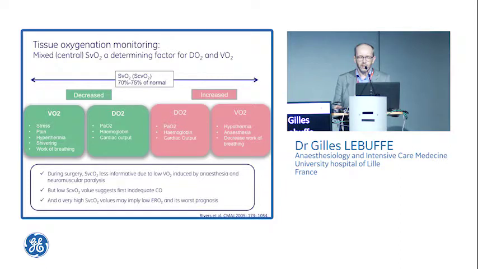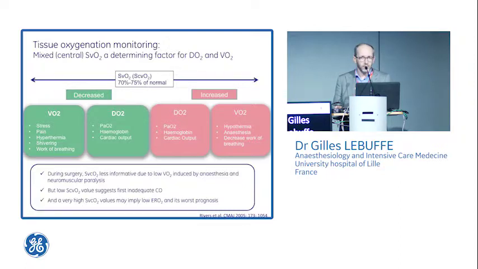This parameter increases in case of an increase of oxygen transport, and also in case of oxygen uptake decrease. And anesthesia is associated with a decrease of oxygen uptake. So this explains that during the intraoperative procedure, venous oxygen saturation is less informative because your oxygen uptake is very low.